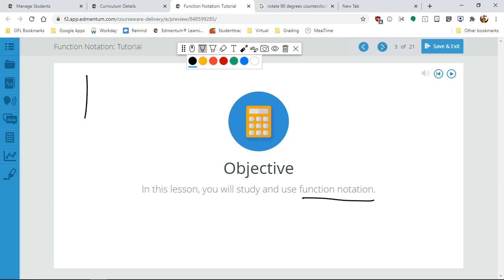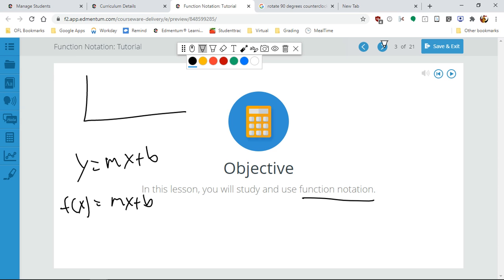Normally when we think of a function, we're thinking y equals something. For example, the function for a line is y equals mx plus b. But when we're talking about function notation, we're saying f of x equals mx plus b.